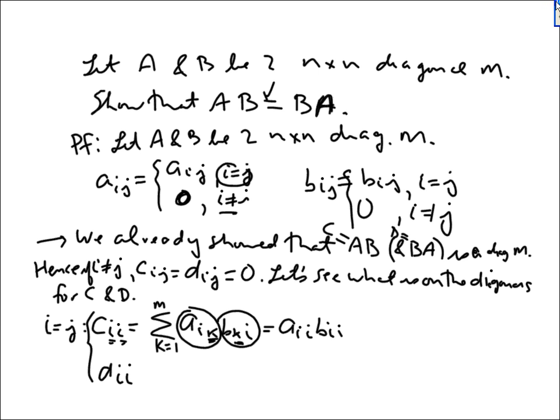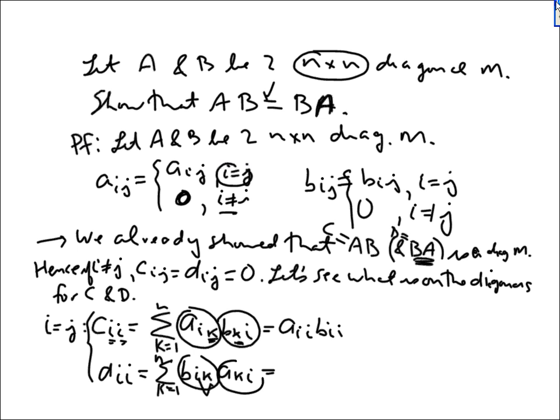What is Dii? Well, that's B times A. This is the summation of BIK, AKI, as k goes from 1 to n. It should be n on the top, sorry, because I said that A and B are n by n matrices. Well, most times this is 0, except when the subscripts are the same, and that happens when k is i.